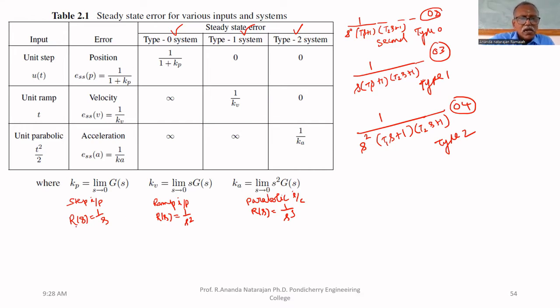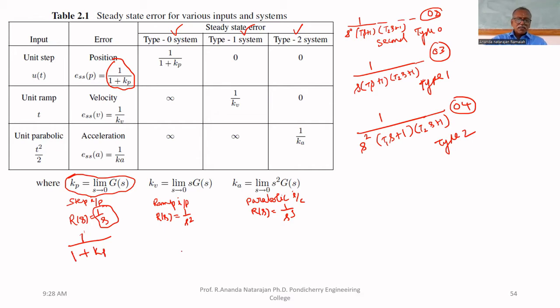For type 0 system, the steady state error is 1 upon 1 plus Kp, where Kp equal to limit S tends to 0 G of S. Whatever may be the system, if input is 1 by S, then steady state error is 1 upon 1 plus Kp.